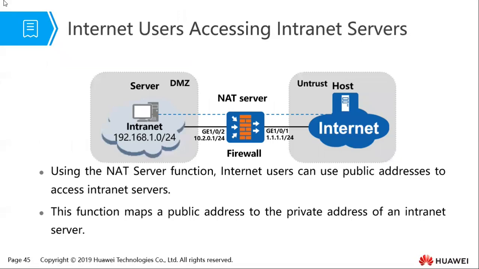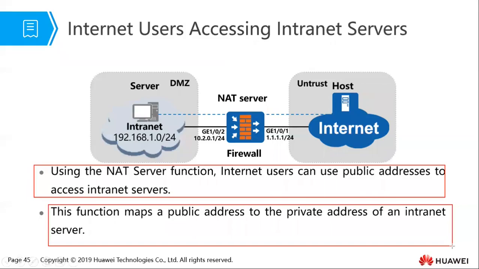Internet users accessing intranet servers: using the NAT function, internet users can use public addresses to access intranet servers. This function maps one public address to the private address of an intranet server.